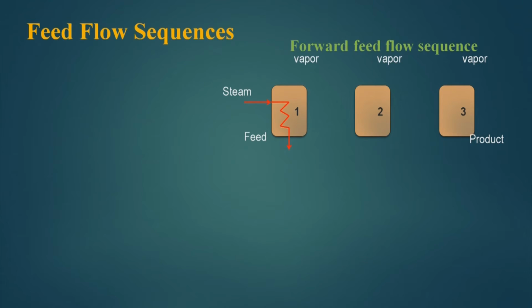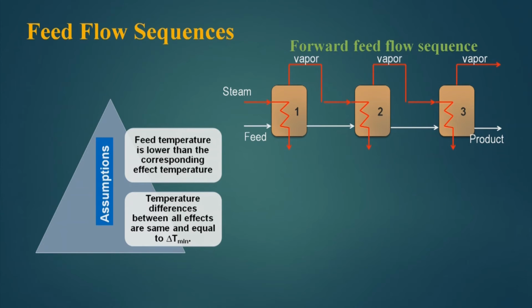Now, let us check the feed flow sequences. So, we go for the forward feed flow sequence. In the forward feed flow sequence, this is the live steam which is injected into effect number 1, and this comes out as condensate from the steam.